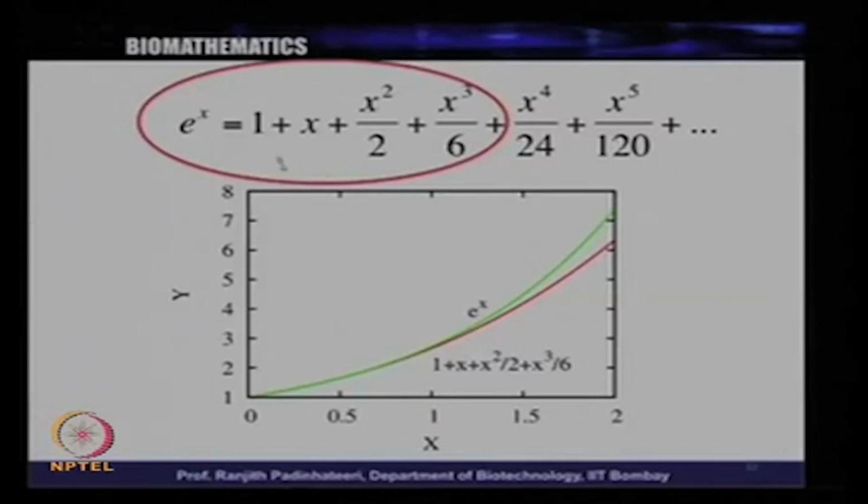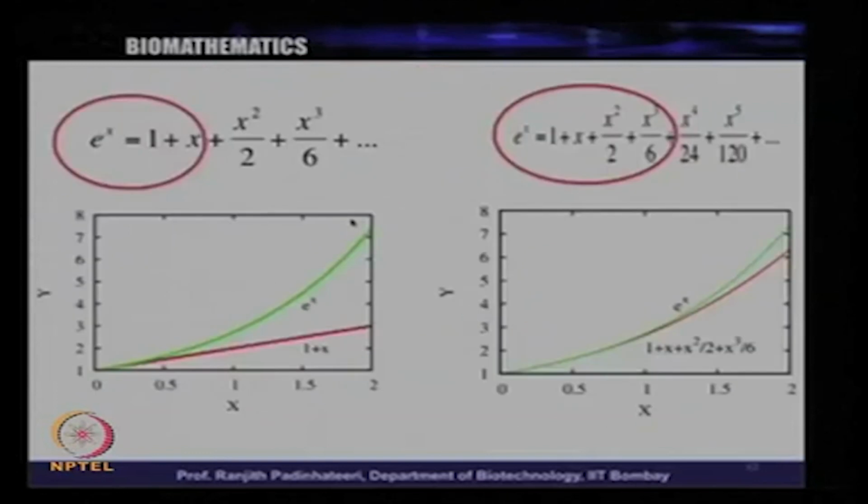So, one could write again that e power x is approximately equal to 1 plus x square by 2 plus x cube by 6, and the approximation is better here because we took more terms. Previously, we had only 2 terms and here we had 4 terms. So, let us compare these 2 approximations. Have a look at these graphs.